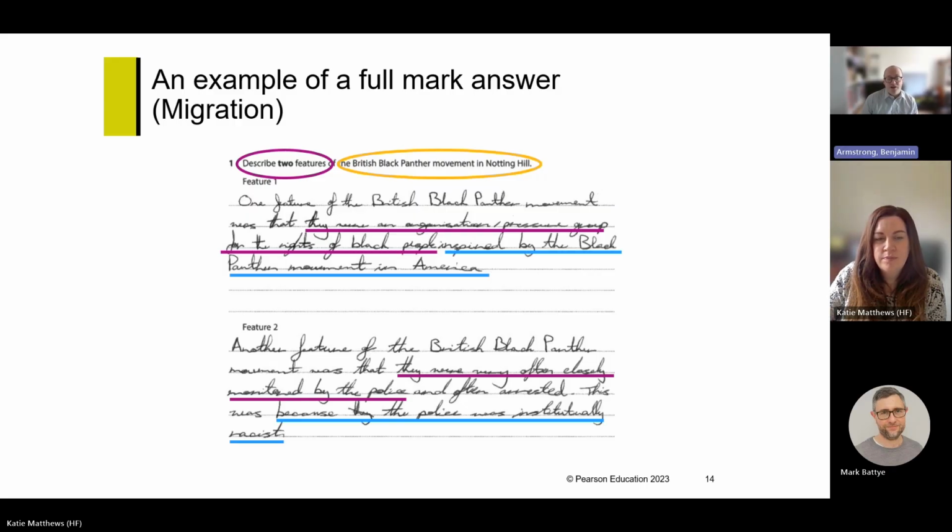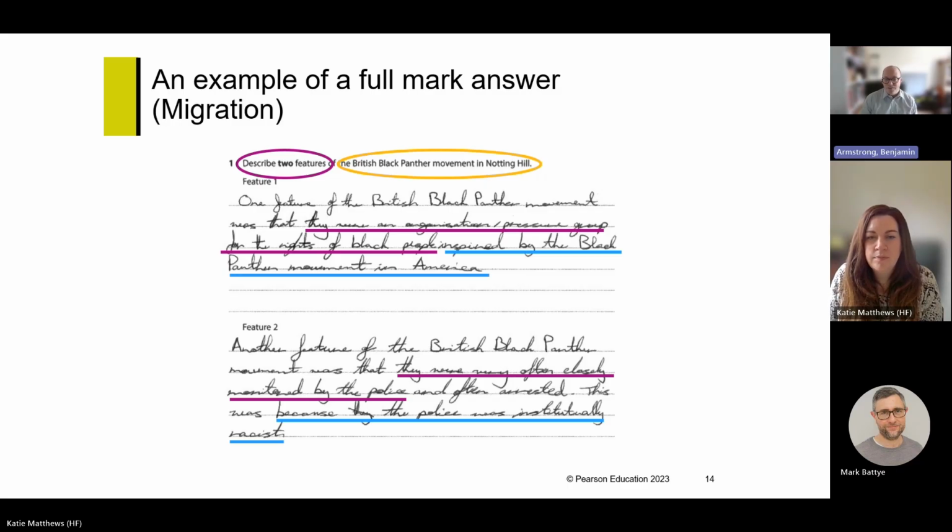They've then answered a 2nd feature. It says another feature of the British Black Panther movement was that they were very often closely monitored by the police. So they've now identified a 2nd feature. And it's very important to notice that that's different to the 1st feature. Both of the features have to be different to each other.